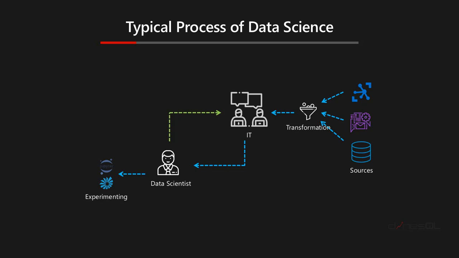Once the experiment is done, he will be converting his training experiment to a predictive experiment or the predictive model. We all know that converting the training experiment to a predictive experiment is not the last part of this process.